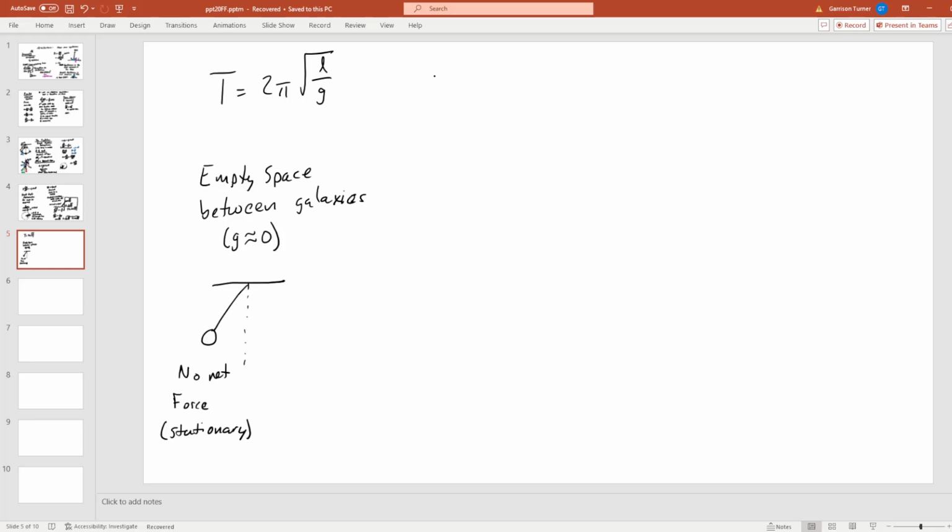What happens to my period if I plug in g equals 0? T goes to infinity. It would take an infinite amount of time for this pendulum to complete one cycle.